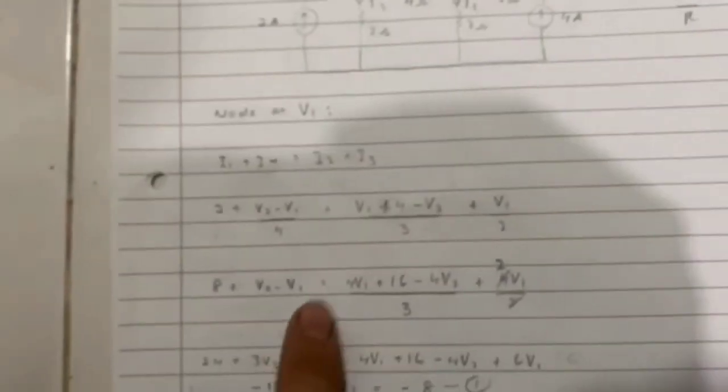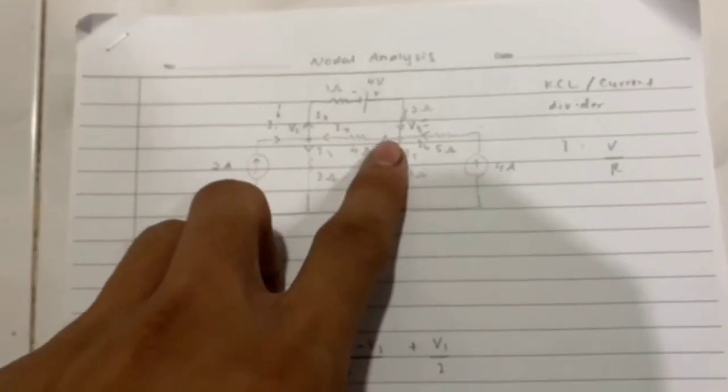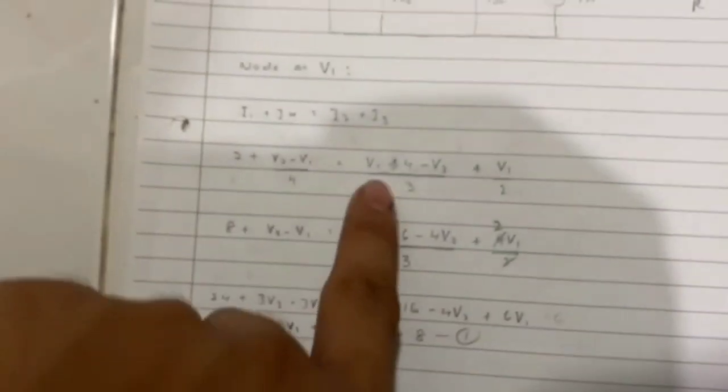So we add 4 and subtract V2, since V2 is the V lower. The resistors are 1 plus 2 because the current is entering, and the resistors are added because this circuit above is in series.